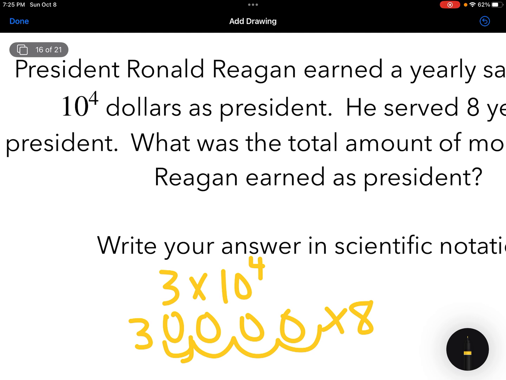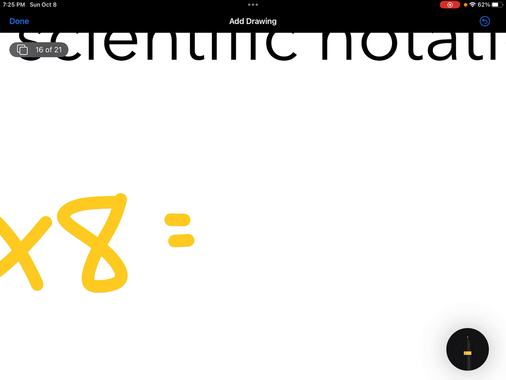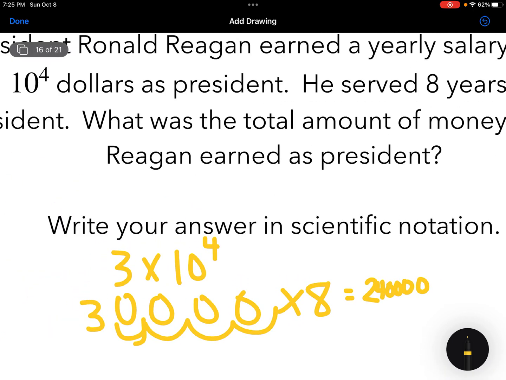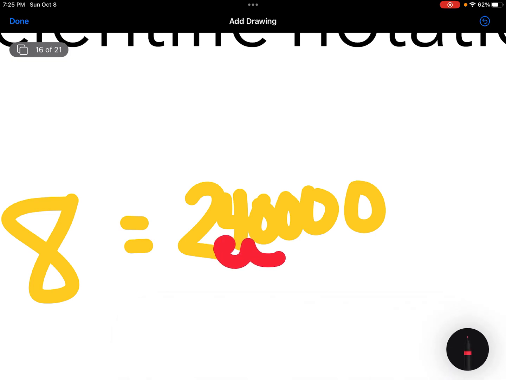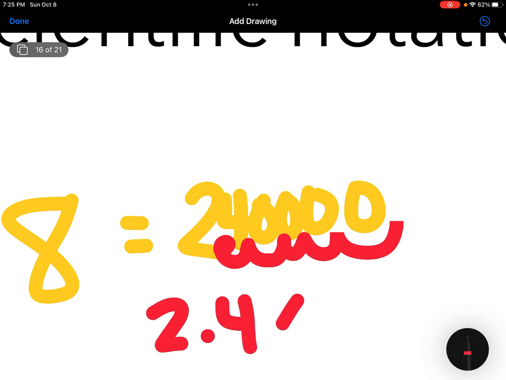Let's see what that's going to be in my calculator. 30,000 times 8, and I get 240,000. Then I have to put my decimal back in. I'm going backwards, 1, 2, 3, 4, 5. So it's 2.4 times 10 to the 5th power.